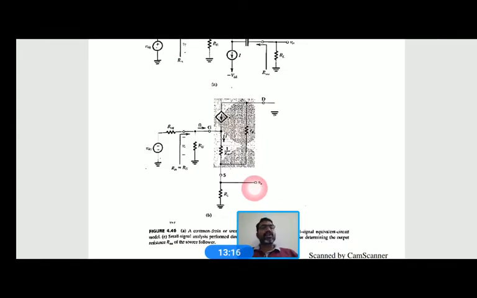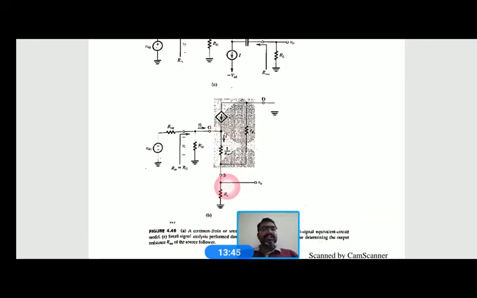To find the output voltage V0, we consider the loop from gate to ground here. We know that the voltage drop from gate to ground is Vi, which you can see across the Rg. The same voltage from this point to ground is Vi only. Hence the total voltage from ground to Vg is Vi, the input voltage.